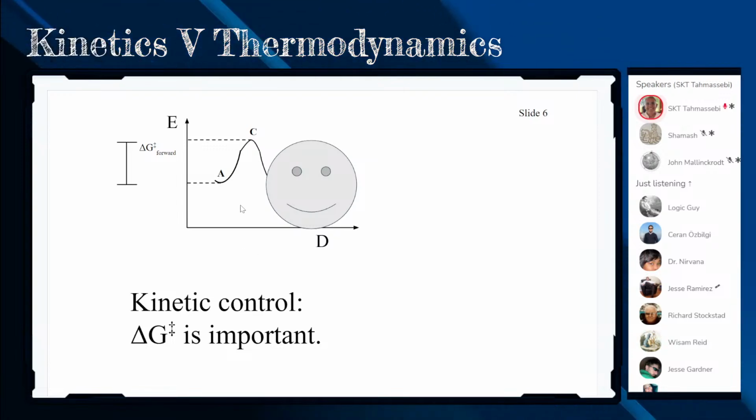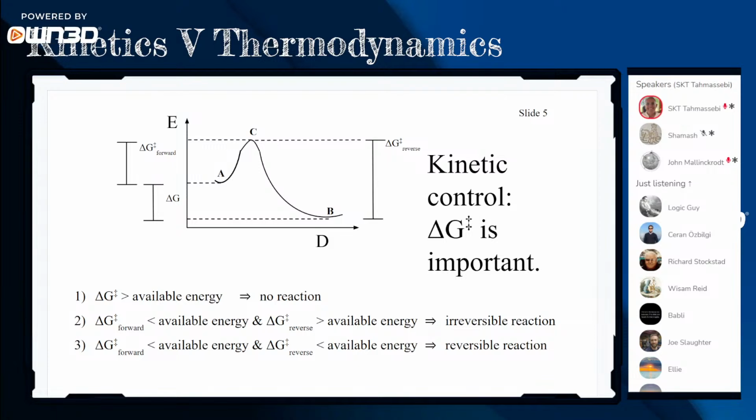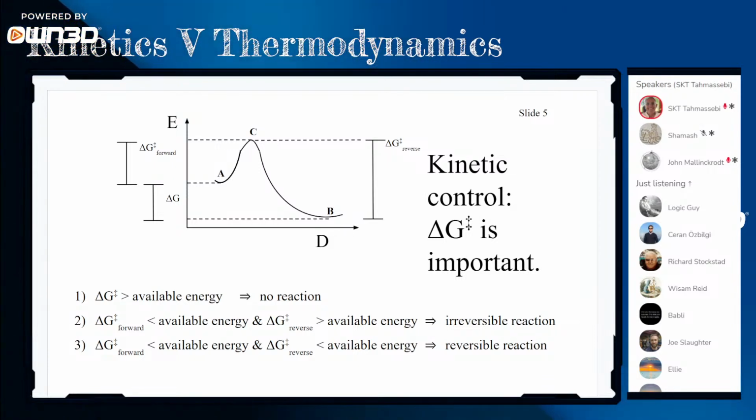So, yeah, the reverse reaction, when we're under kinetic control, when we're doing a kinetic analysis, we separate out forward reaction and reverse reaction. We look at each separately, and then we put it back together again.